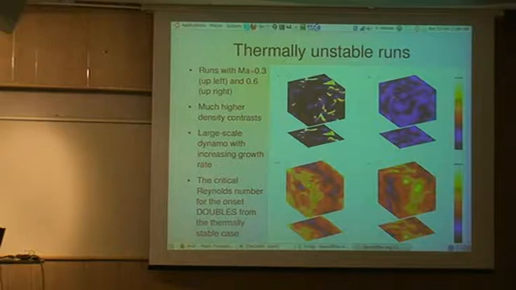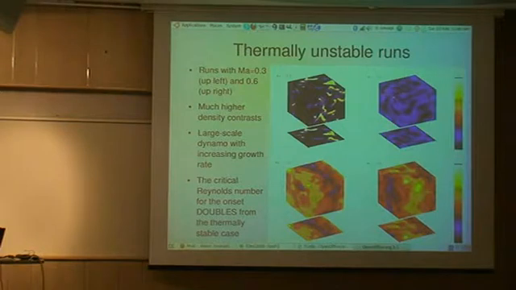So the thermally unstable runs, they of course look very different, because now we have the condensation mode which is doing all the work by forming the clouds. So this is again with weak forcing, and this is with high forcing, and this is the magnetic field. So it's less obvious, or the large-scale magnetic field is not so nicely uniform anymore, but the large-scale field is there.